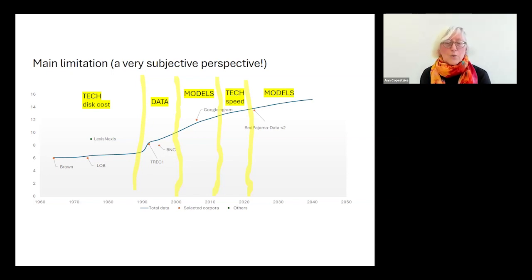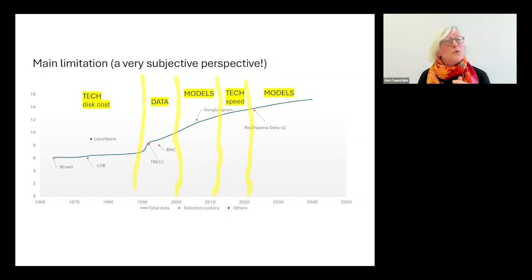I think probably from around 1990 to 2000, there was a limitation of the amount of data. As the web developed, we got more and more data, but our models were a bit boring. In recent years, the models have got much better, but it wasn't until very recently that the speed of the models got better.